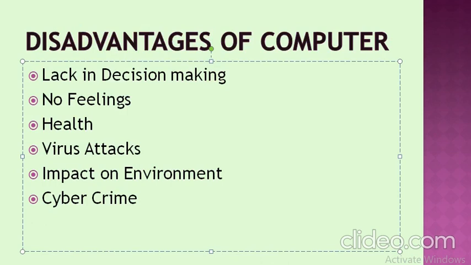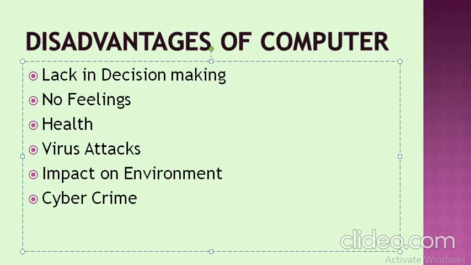Like Microsoft Paint, which we use for doing drawing, or calculator, which we use for doing calculations in the computer, those are good for us. Those are good for the computer also. They do not create any harm to the working of the computer. But a virus is such a program which creates harm to the computer, which corrupts our other files.